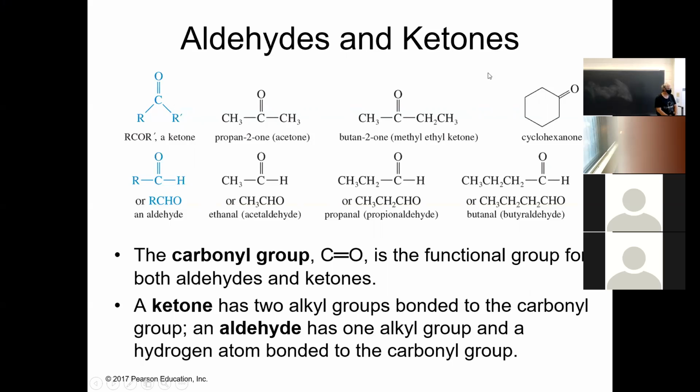Okay, the difference is that an aldehyde will have a hydrogen on one or both sides of the carbonyl carbon. A ketone will have 2 bonds to carbon. So this is acetone. Okay, we use that in the lab a lot to wash glassware. And this is a cyclic ketone here, cyclohexanone. Okay, this is an aldehyde, C double bond O, and then H.